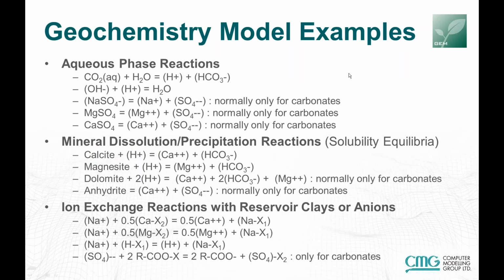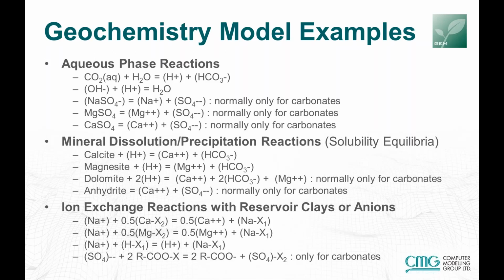Some examples of geochemistry. First of all, aqueous phase reactions. Some of the more common ones are the CO2 and the OH reaction. Then for carbonates, you have the NaSO4, MgSO4, CaSO4 reactions. For mineral reactions, some examples are the calcite-magnesite reactions.